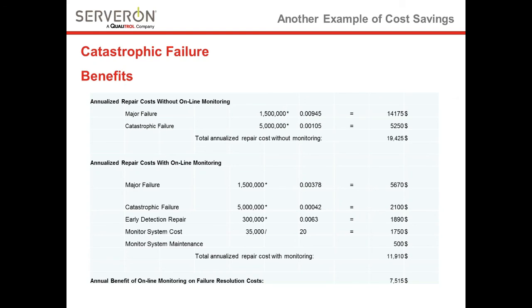And if we look at the bottom line of the annualized repair cost, based on these probabilities, you're looking at a total annualized repair cost without monitoring of $19,000 and with monitoring of roughly $12,000. So there is still cost associated. There's cost associated with the monitor. There's cost associated with performing those repairs that you've detected earlier. And in this case, looking at this basic case of avoiding catastrophic or major failures by monitoring, there's a benefit of approximately $7,500 per annum.